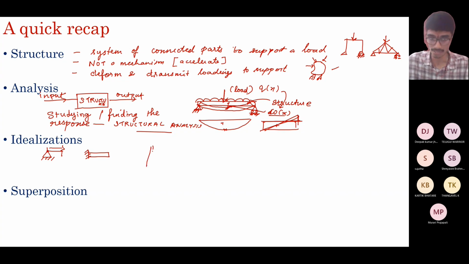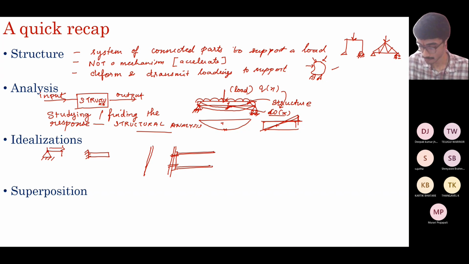Suppose you have a steel collar, and then you have a plate, and then you have a beam connecting this. You can weld it here.